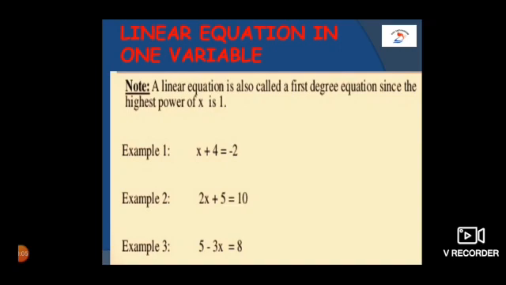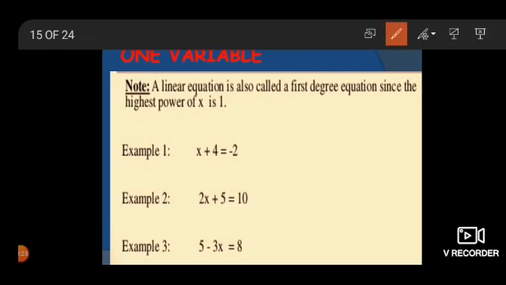Now we are going to step into our chapter, that is linear equation in one variable. So far we have discussed what is an expression, what is an equation, what are variables, what is a constant, and how you can differentiate between an expression and an equation. Now coming to the main topic, our chapter, linear equation in one variable. So how can you define a linear equation in one variable?